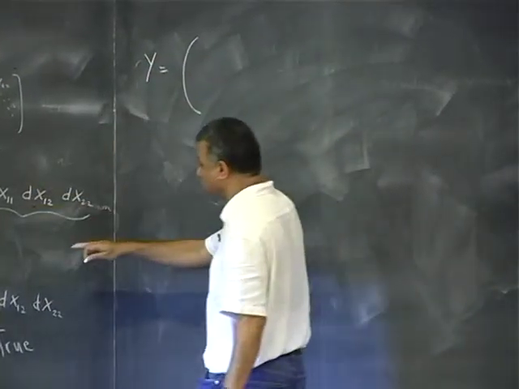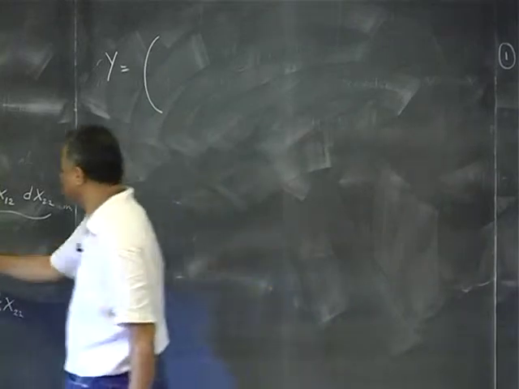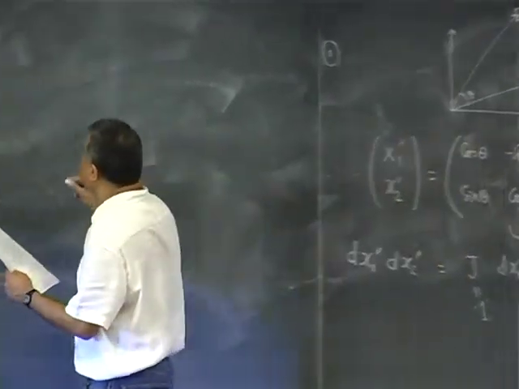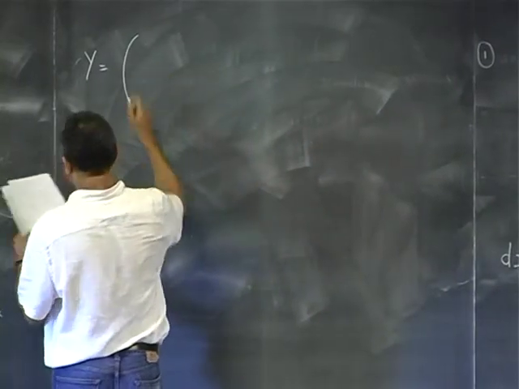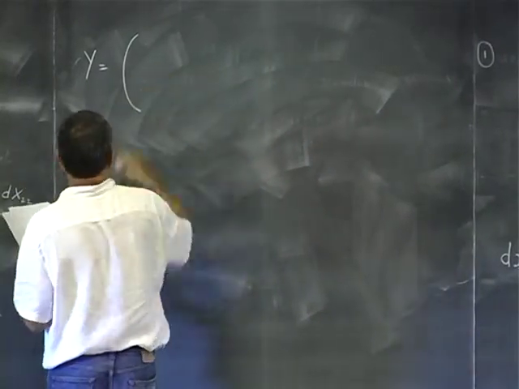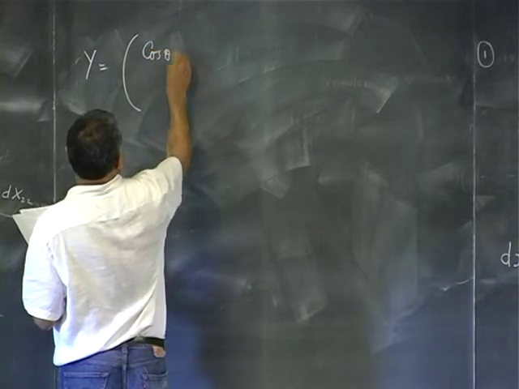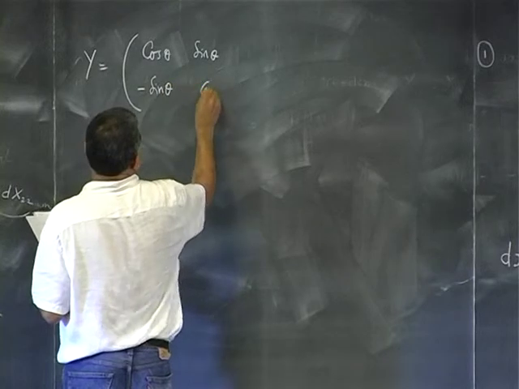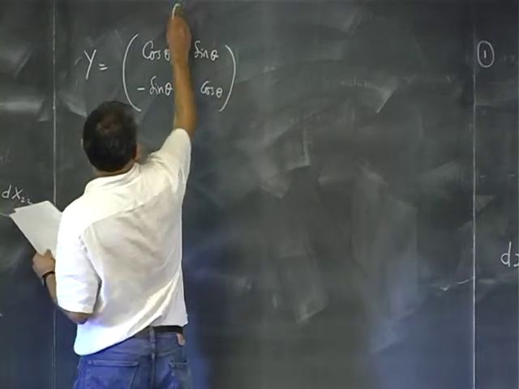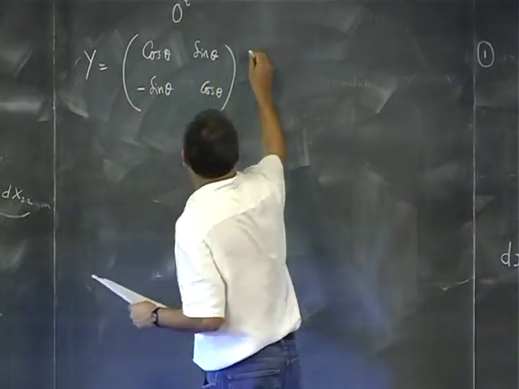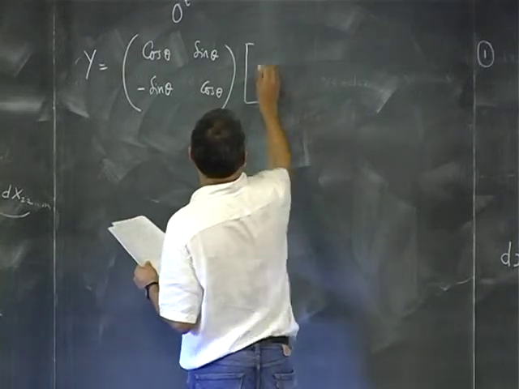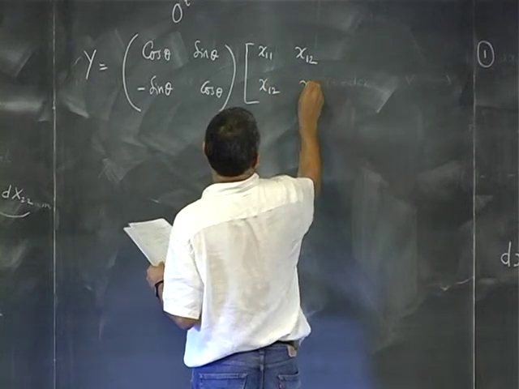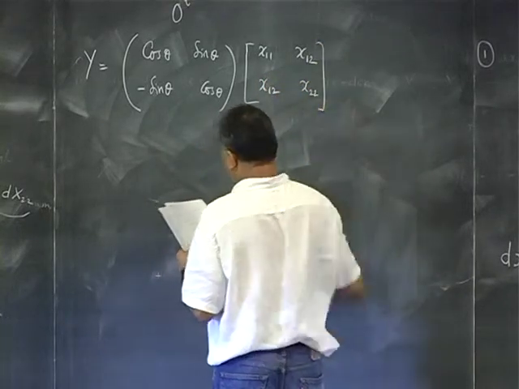It's just a rotation by a 2 by 2 matrix. We know what the O matrix is. So we said y is O transpose x O. O transpose will be cosine theta, sine theta, and so on. This is the O transpose. And then I have this matrix x11, x12, x12, x22.